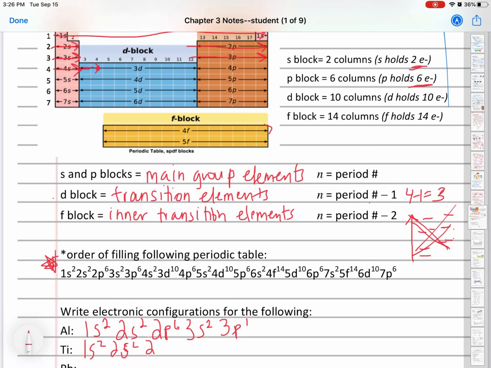All right, and then this last one, lead, is a tricky one. I might challenge you to pause the video and try it yourself. I'm just going to write it out here, and you can check.